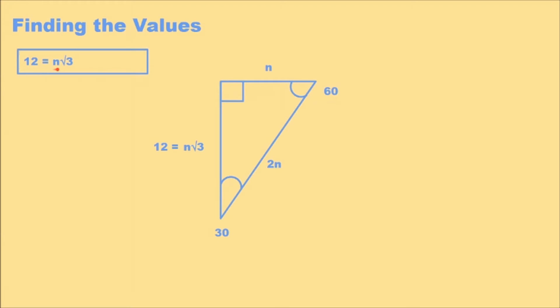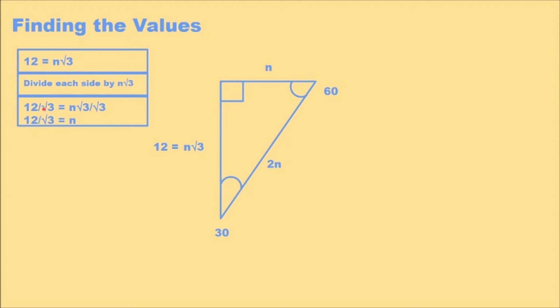If you're trying to get a multiplied factor away from a variable, you have to divide, because that essentially cancels it out. So you divide each side by the square root of 3, and you get 12 divided by the square root of 3 equaling n.